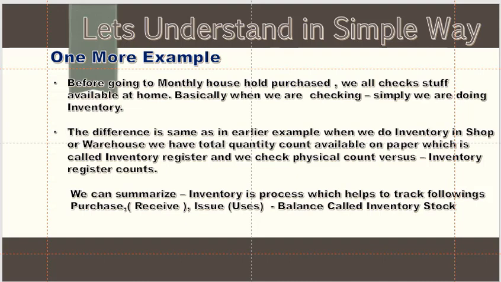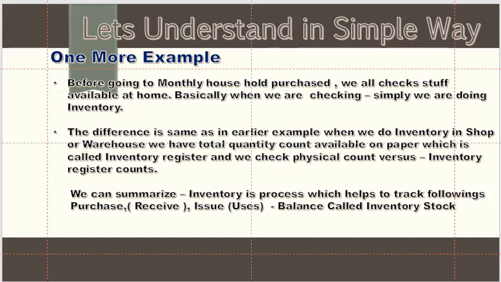We check, okay, we need five cleaning soaps, and we check how many we have. So basically we have a pre-notion quantity in our mind, and then we check what is available. Now what is this? This is also a kind of inventory we are doing.